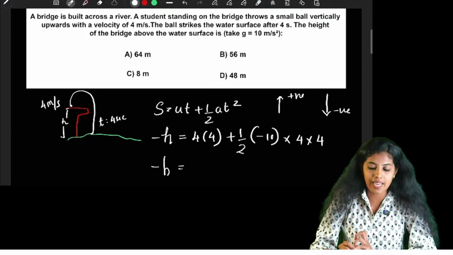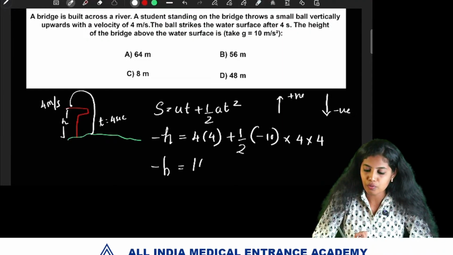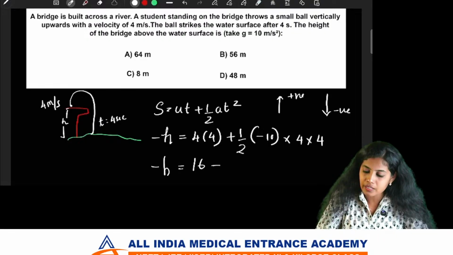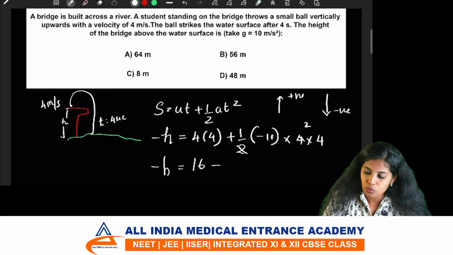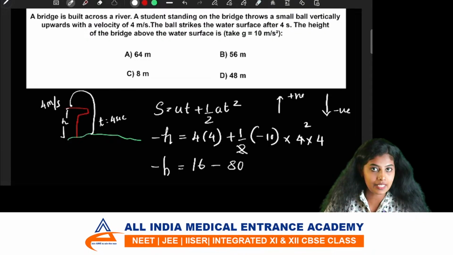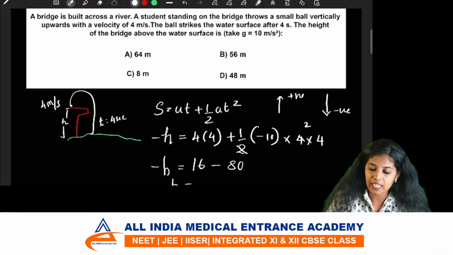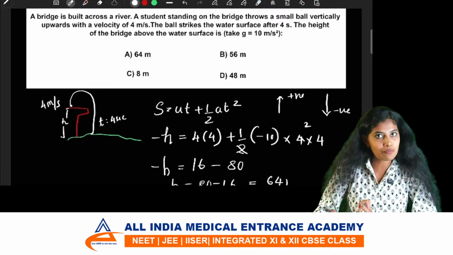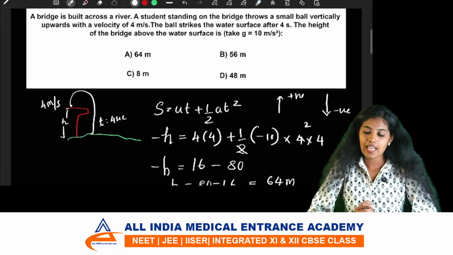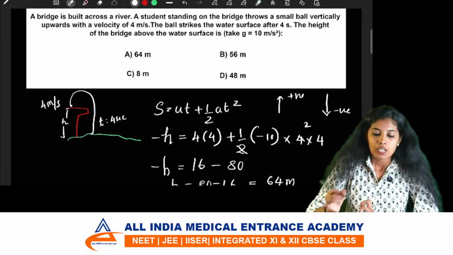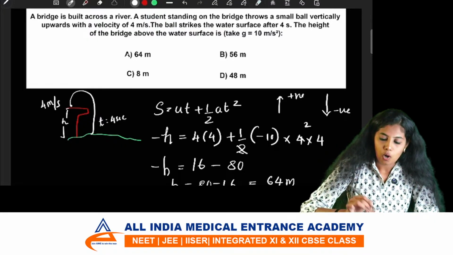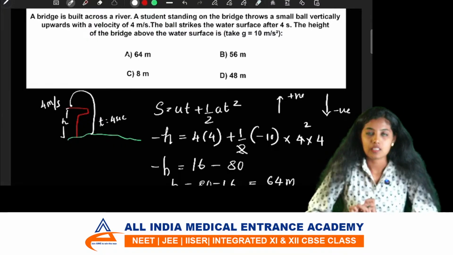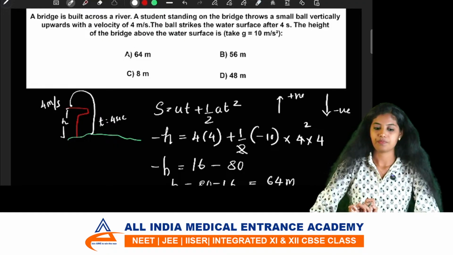Therefore, we get minus h equal to 4 into 4, that is 16, minus 80. So h is equal to 80 minus 16, and this will be 64 meters. This is the final answer, and we got it as option A. So option A is the answer to this question.